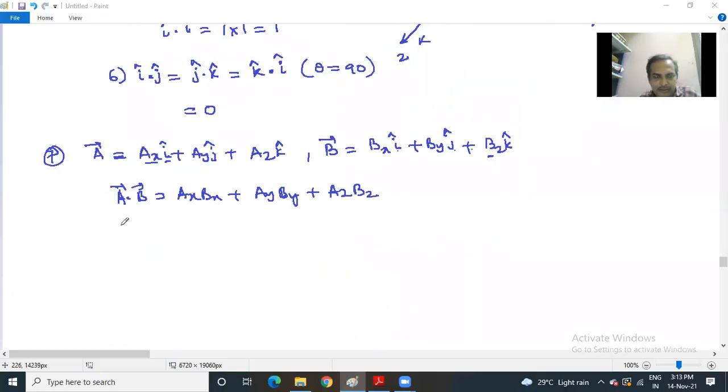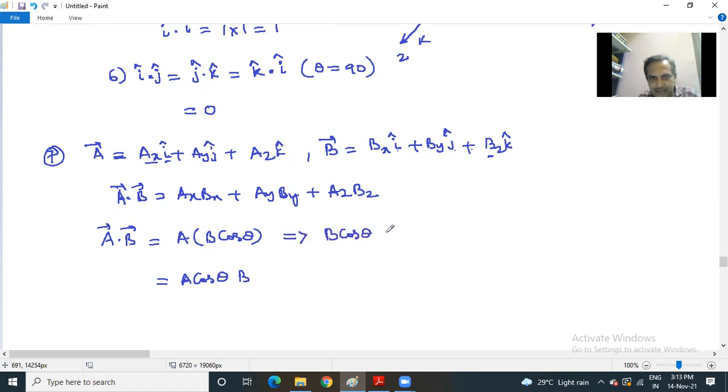You will also get numericals like this, because you got A dot B is equal to A B cos theta. You have also written A cos theta of B. So these are only magnitudes. You may get a numerical where B cos theta is the component of B in the direction of A. How will you get it in a numerical?